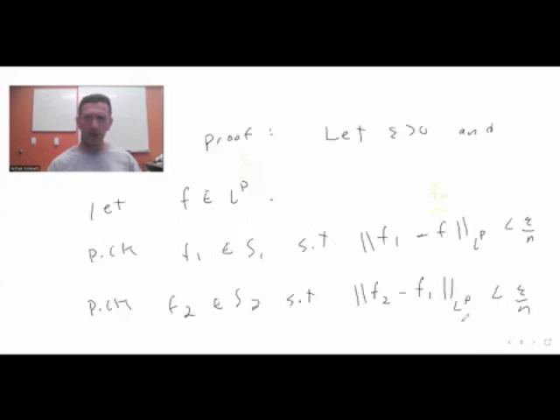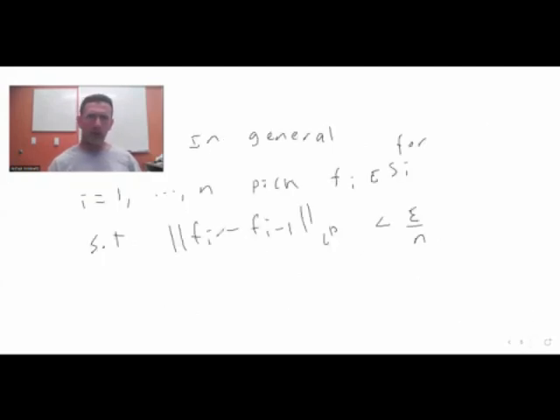So F0 is in S0, F1 is in S1, so in general Fi is in Si. So Fi minus 1 is in Si minus 1, and Si is dense in Si minus 1. So we can always do this.